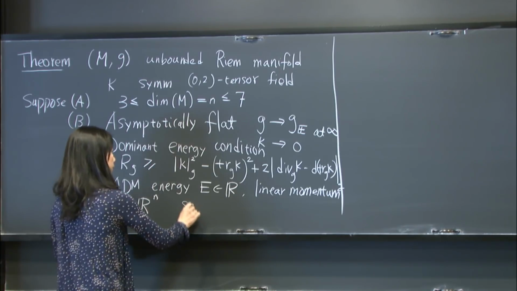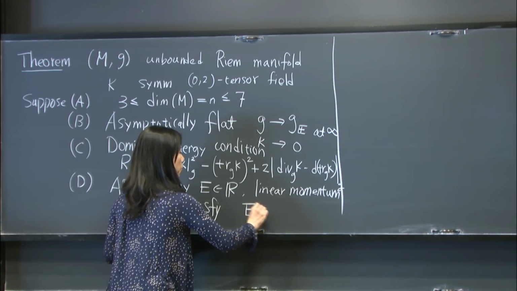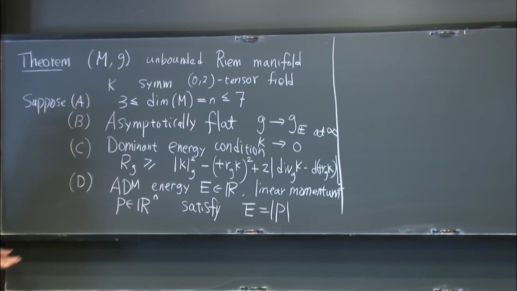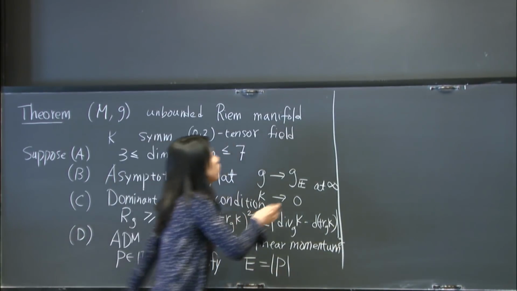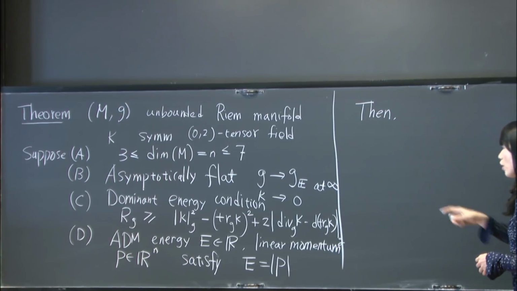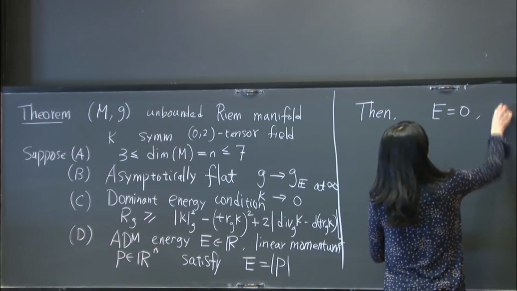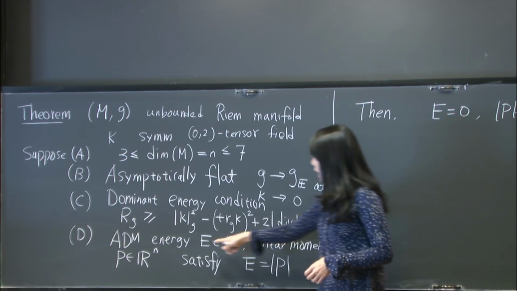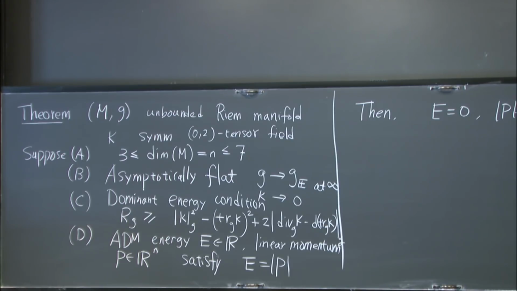And we assume those numbers and the constant vector satisfy this equality. So the conclusion we have is that the only possibility is all those invariants E and P are identically 0. So the ADM energy is the ADM mass, which was mentioned in yesterday's talk.